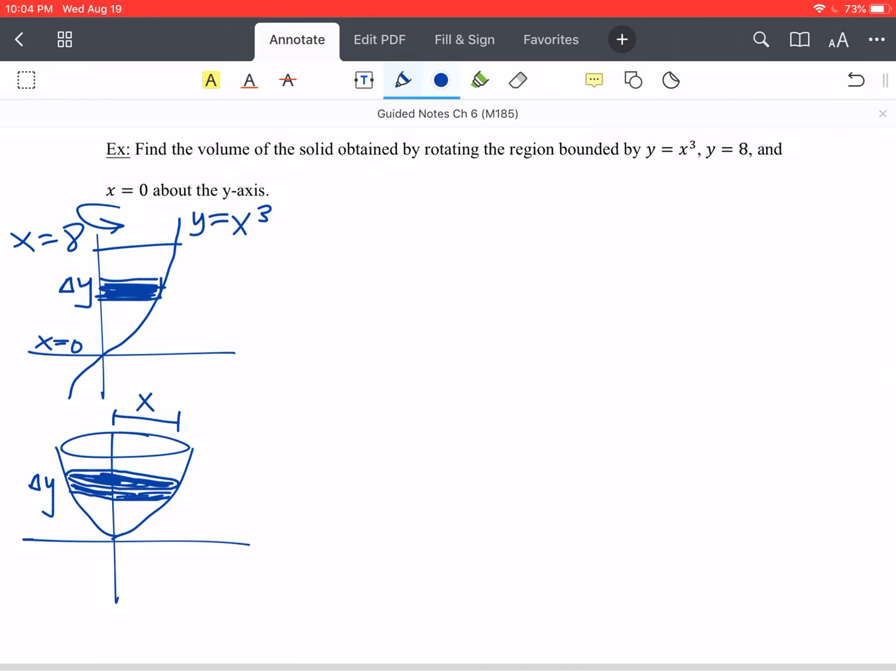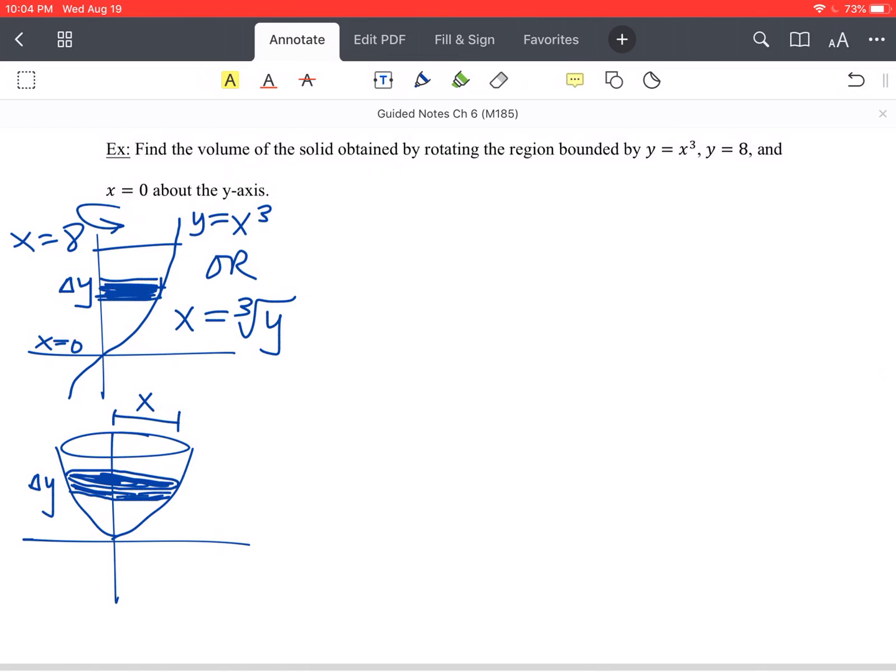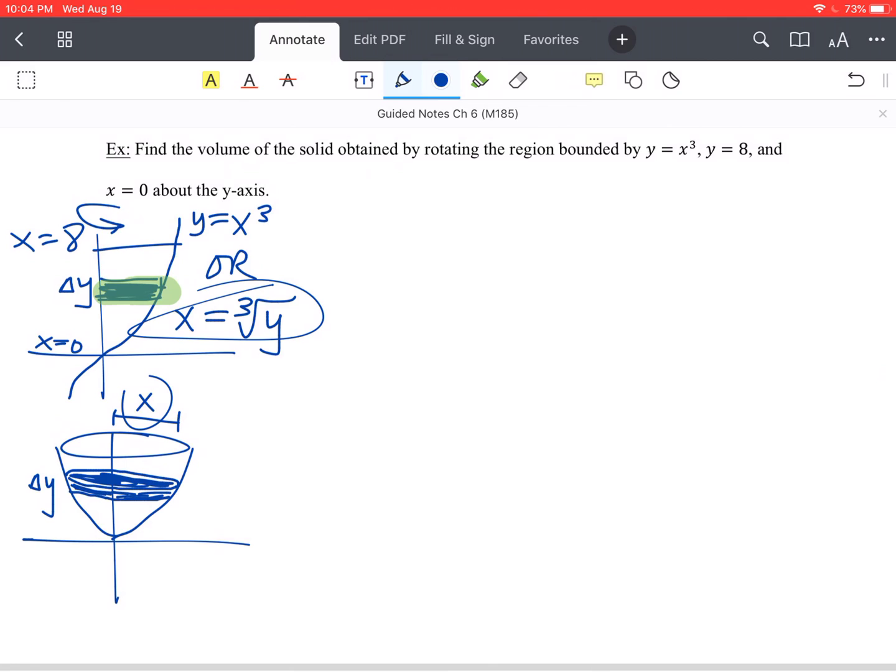So if we're doing horizontal integration, instead of writing y equals x cubed, we're going to write x equals the cube root of y. Since we're doing horizontal integration, everything is going this direction because we're rotating about the y-axis. That means we want to use a function of y instead of a function of x. So this is the one we're going to use. That gives us the value of our radius.